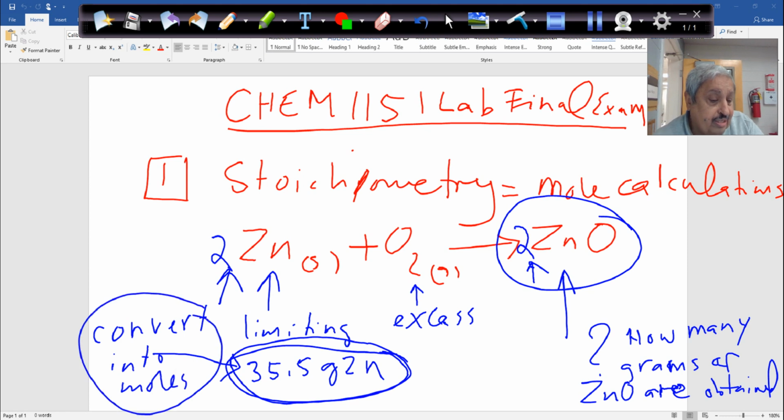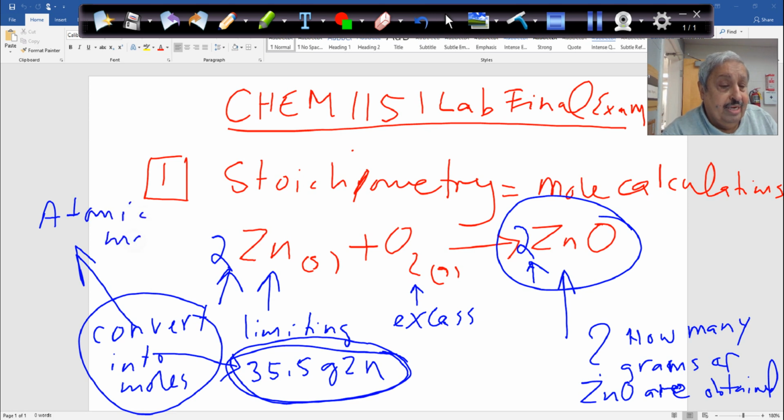How do I do this? I have to use the atomic mass of zinc. What's the atomic mass of zinc? Well, the periodic table will be given to you. Let me see, zinc is 65.58.